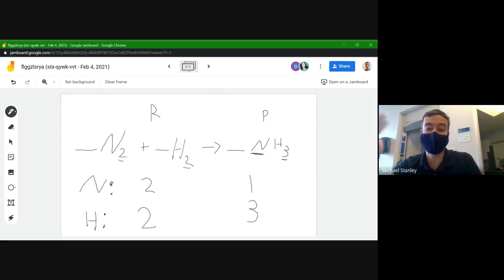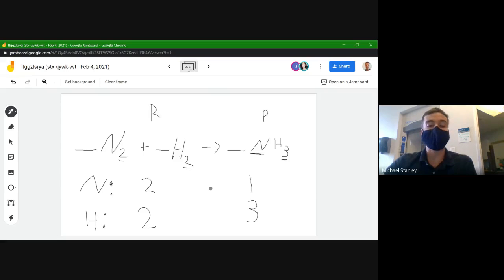All right, so this is obviously a very unbalanced chemical equation. We have 2 N's on the reactant side, but only 1 on the product side. We have 2 H's on the reactant side, and 3 on the product side. So this is quite unbalanced.